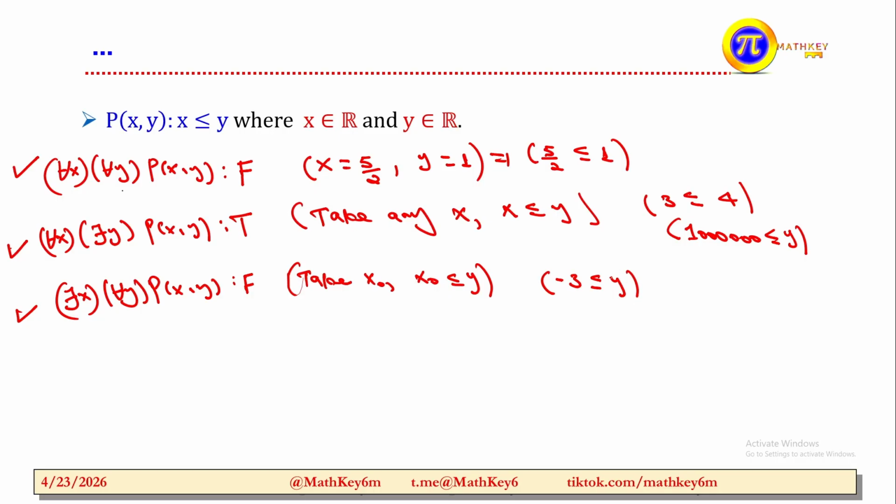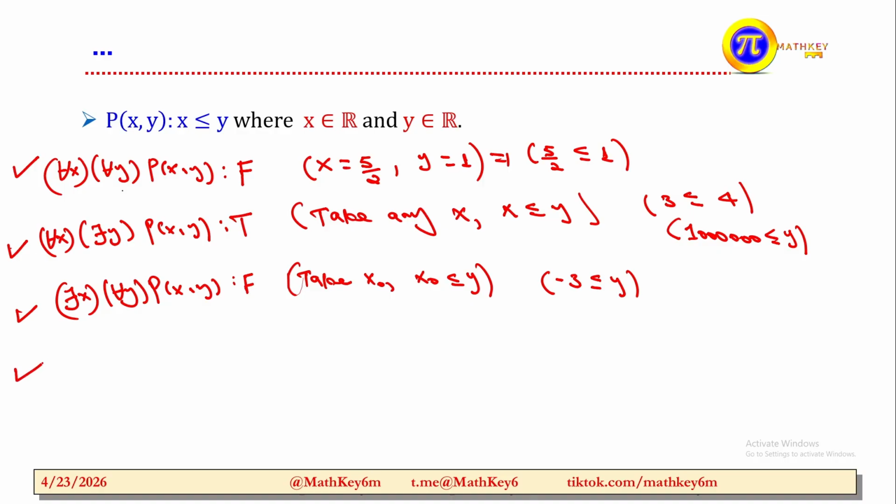It doesn't satisfy the other y's. For instance, if we take x as -3, it is less than or equal to y for y equal to -3, or for y equal to -3 over 2, it works. But if we take y equal to -4, then -3 less than or equal to -4 is impossible. Because of this, it is false.